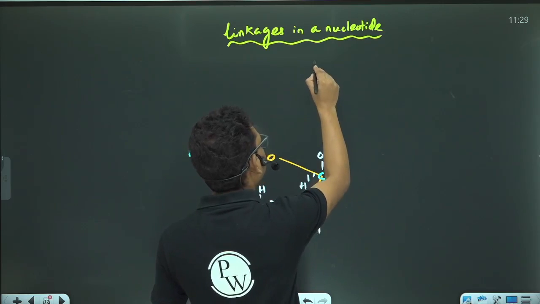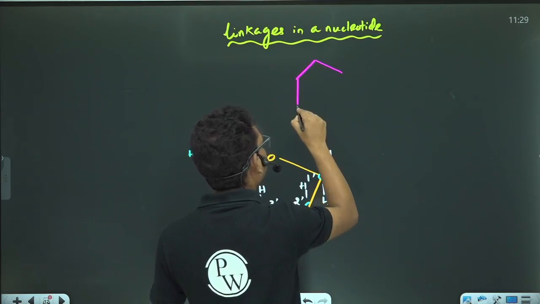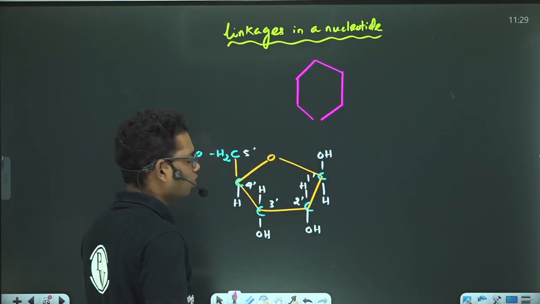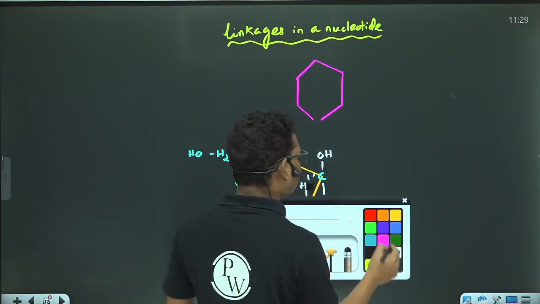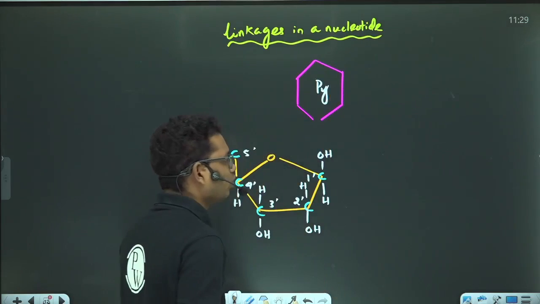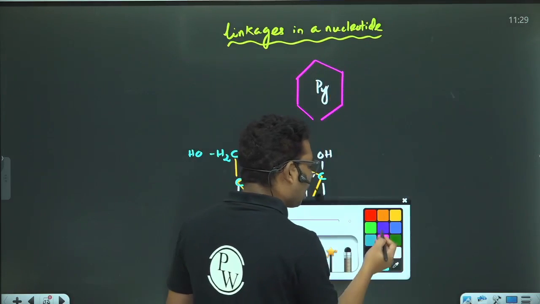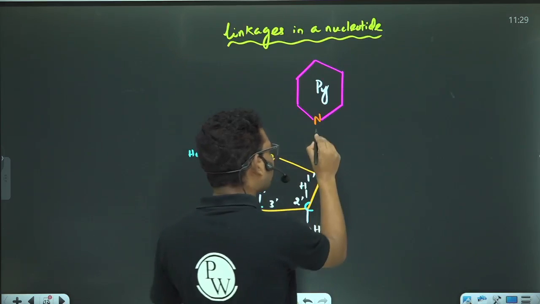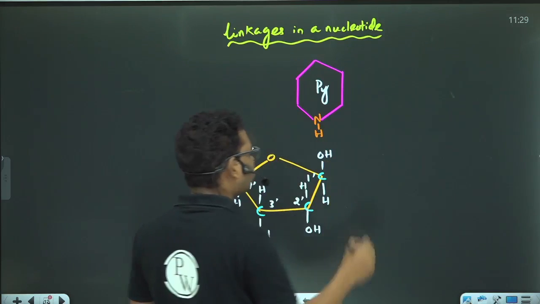So this is a nitrogenous base, and this nitrogenous base is pyrimidine. In this nitrogenous base, I will have nitrogen, and this nitrogen is bonded with the hydrogen.